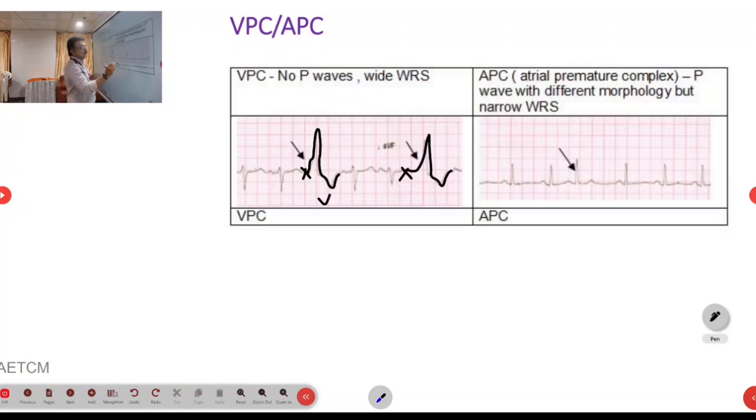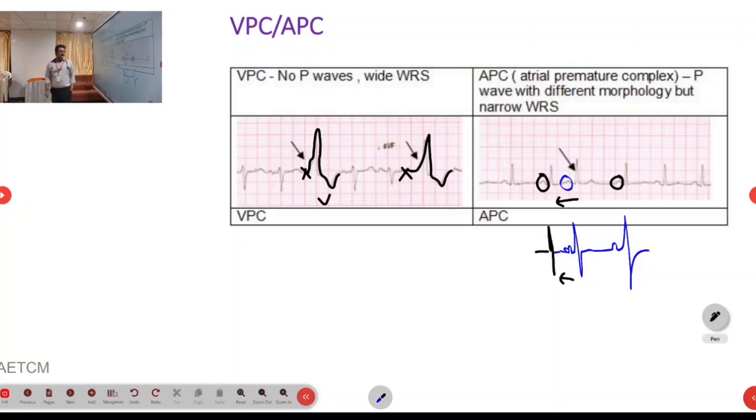Whereas here you can get a P wave which is abnormal compared to the other P waves, and it has come closer to the first complex. So it is like this: PQRS, next is a different P wave from the previous P wave, then you get a QRS complex, then the next PQRS comes. So this is an atrial premature complex, whereas the other one is a ventricular premature complex.